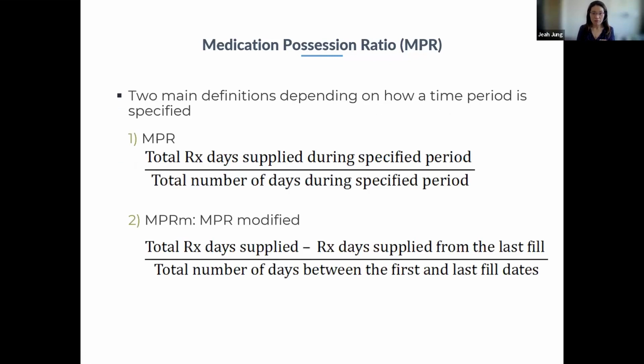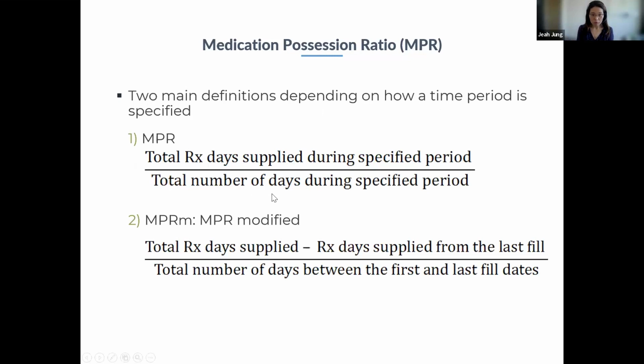This can be defined in two different ways. The first definition is, you first specify your time period, your follow-up period, and then you get the total number of days during the specified time period, and your numerator becomes the total prescription days supplied during that period. And that's one MPR measure.